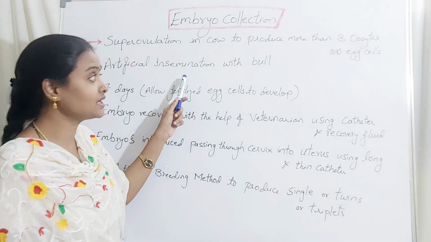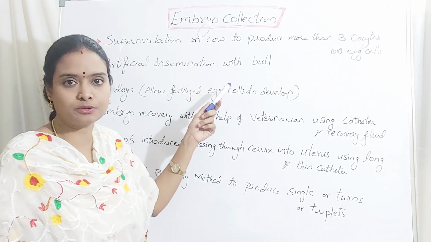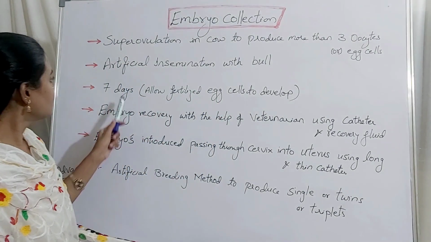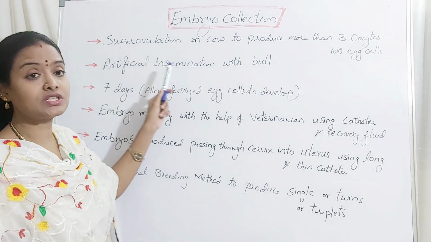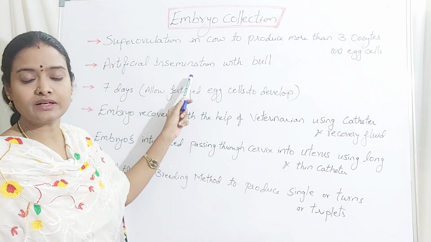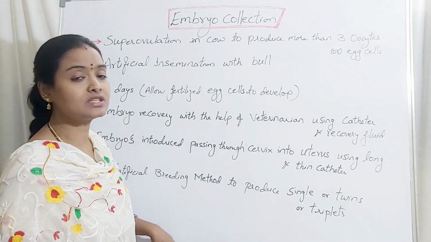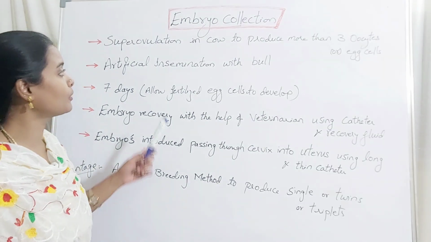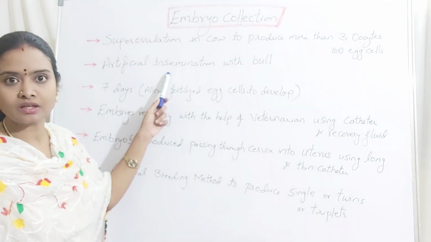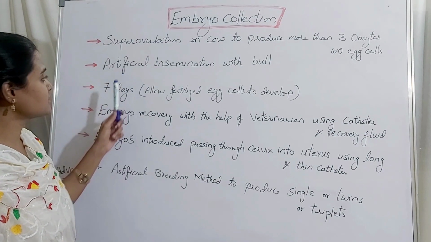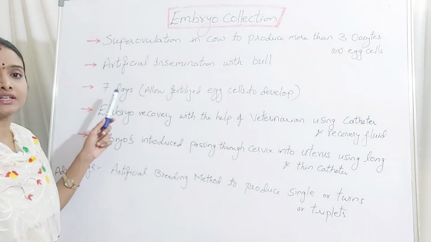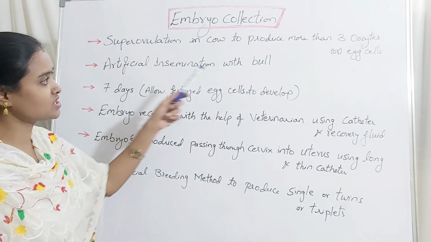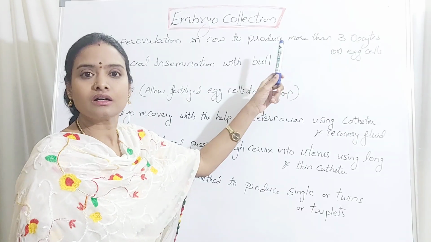So here the fertilization is occurring inside the body. So it is called artificial insemination. You are injecting or introducing the sperm cells with the help of catheters. Then the egg cells are allowed to get fertilized inside the cow.